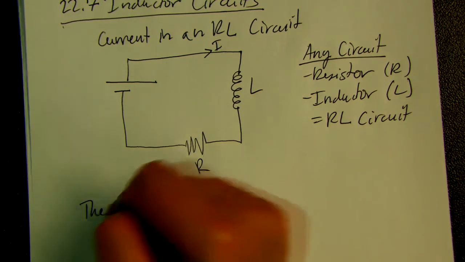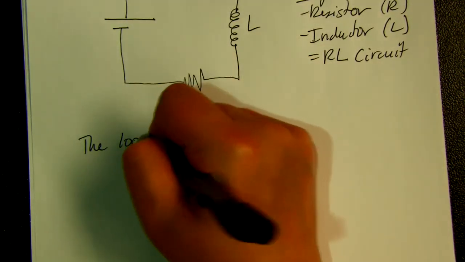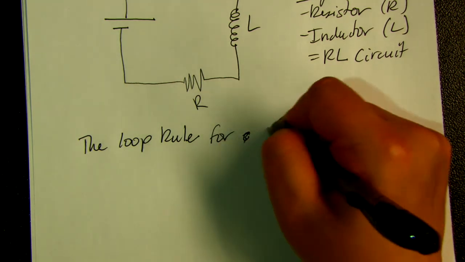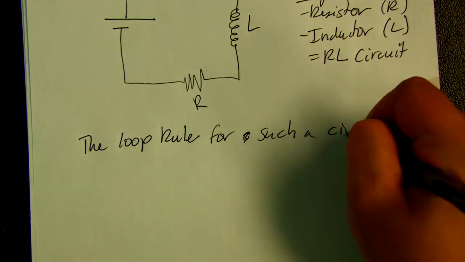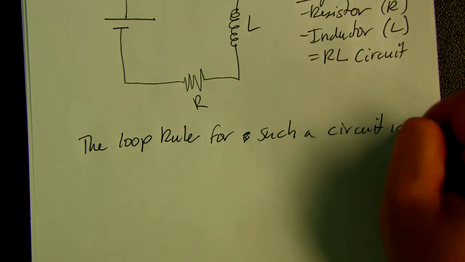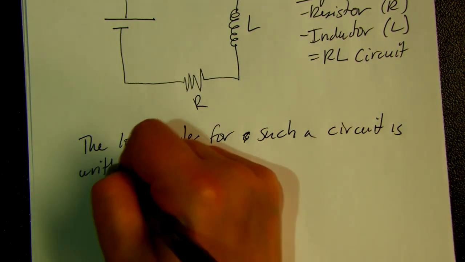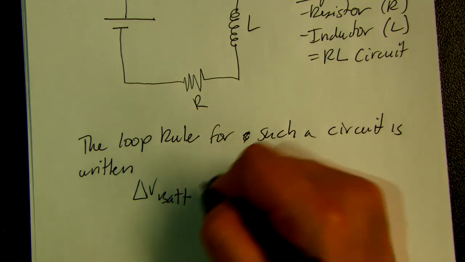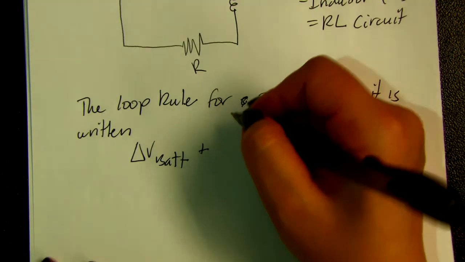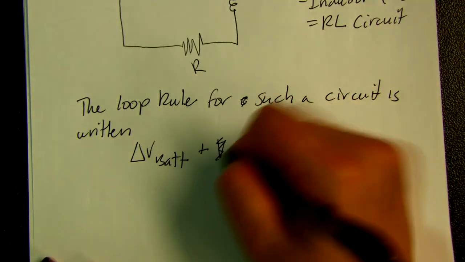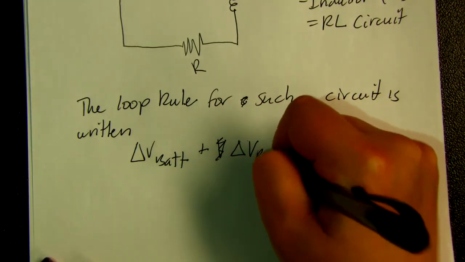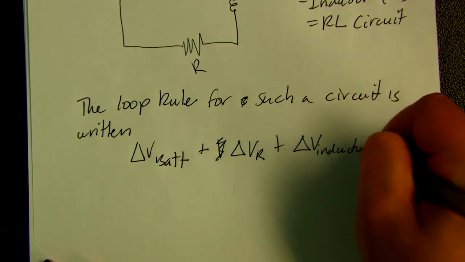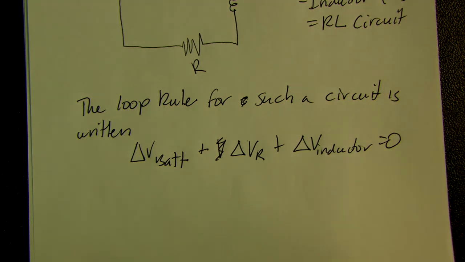Okay, so the loop rule for such a circuit is written delta V battery, or EMF, plus delta V resistor, plus delta V inductor is equal to 0.